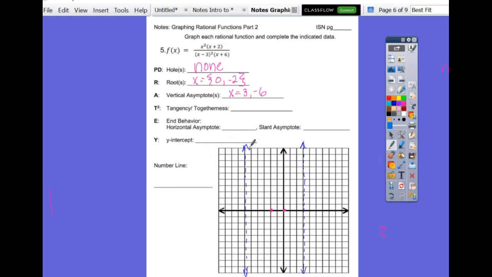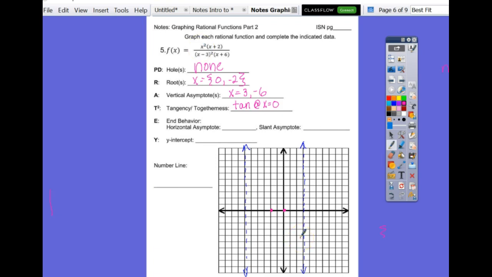So next I'm going to ask myself, is there tangency? So tangency is when you have a squared term on top, and I do have a squared term on top. So I'm going to have tangency at x equals 0 from this term right here. So that means at 0, I'm getting a bounce either on top or on bottom.